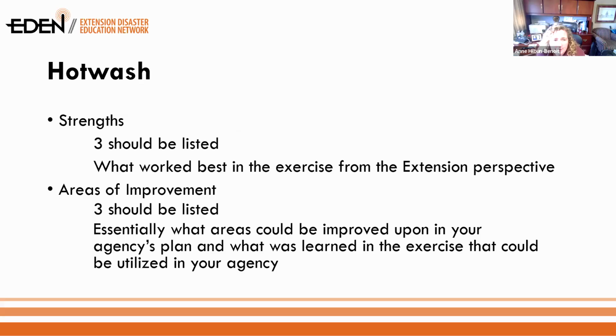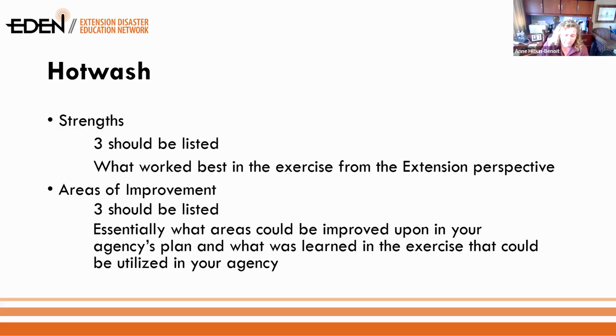So the hot wash, again, with the strengths and the areas of improvement, we're looking for 3 at a minimum. What are our 3 best strengths? What worked best in the exercise from the Extension perspective? Areas of improvement, we want 3, essentially what areas can be improved upon in your agency's plan, what lessons were learned in the exercise that could be utilized in your agency.